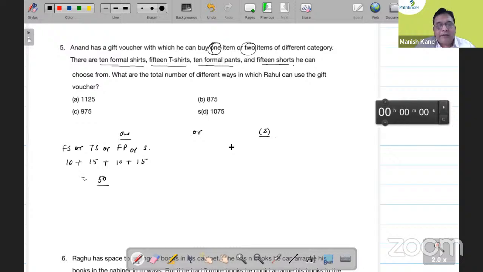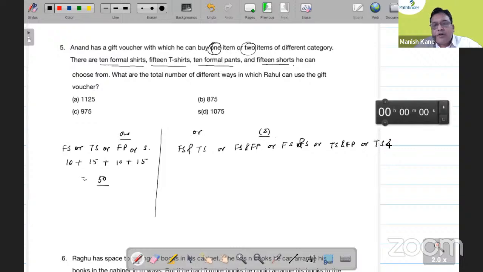Obviously, since there are four categories, I can have formal shirts and t-shirts, or formal shirts and formal pants, or formal shirts and shorts, or t-shirts and formal pants, or t-shirts and shorts, or formal pants and shorts.